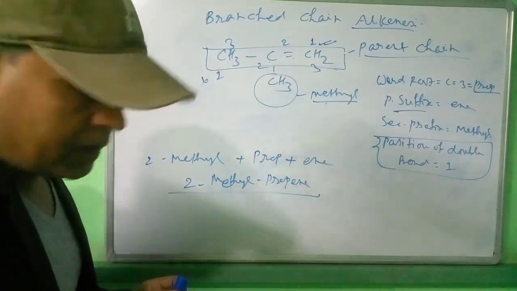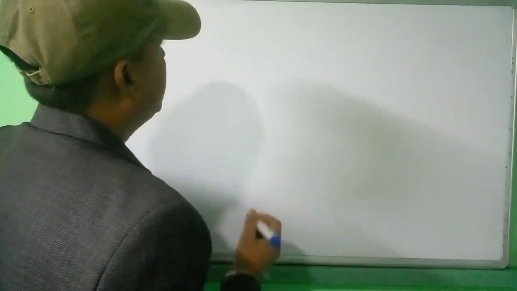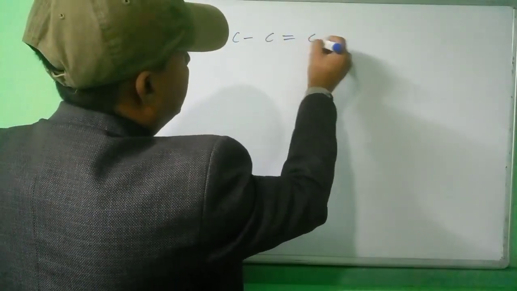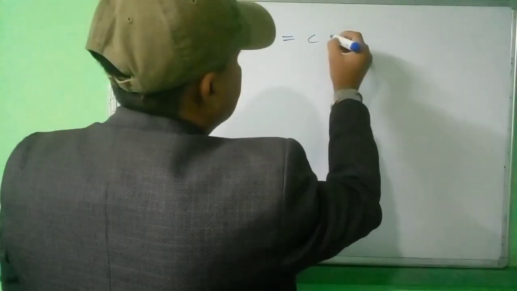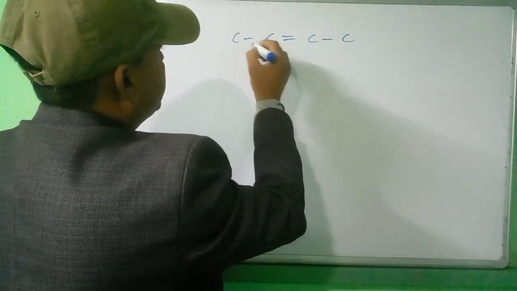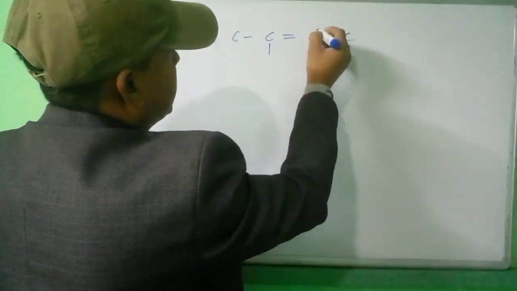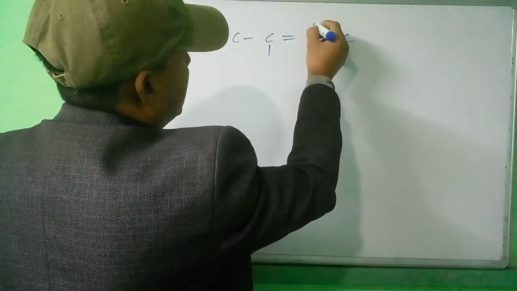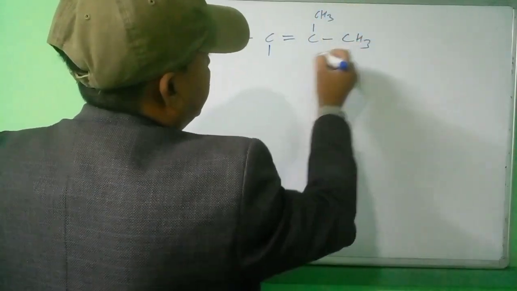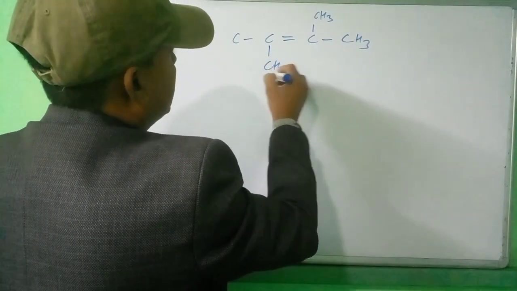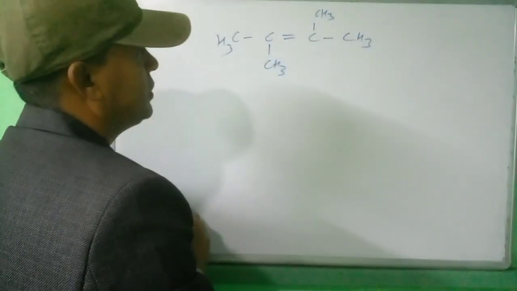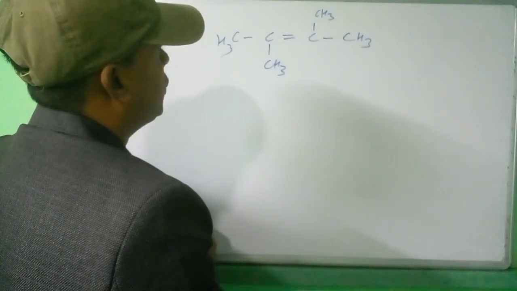Now the next example. If your compound is like this, C double bond C, with branching of this type, CH3, CH3, CH3, CH3, what is the IUPAC name?